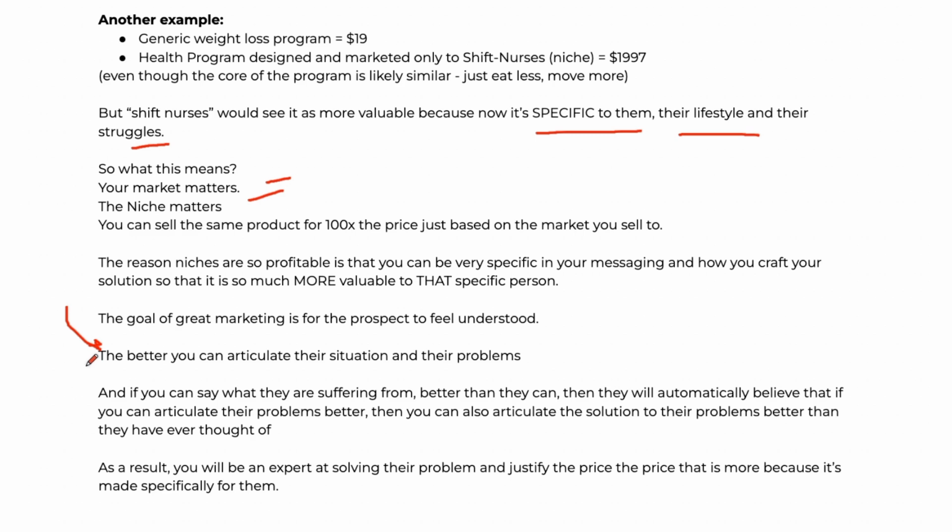Shift nurses are automatically going to believe that if this person, this organization, this product can articulate my problems better than I can myself, then by default the product they have created must also be so much better than everybody else in the market, because it's designed specifically for me. And that's why you're able to position yourself as an expert in the problem that you solve, and they will justify the price they're paying because it's made specifically for them. I hope this is making sense.